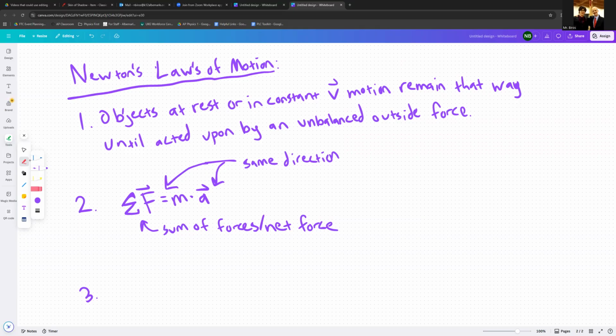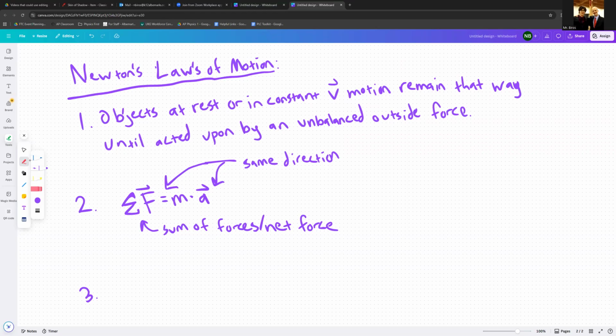If you've got a 10,000 kilogram object, sure, you could use 100 newtons of force, but your acceleration still won't be very big. If you have a really light object, like 1 kilogram, then 100 newtons of force will provide a very significant acceleration, because 100 equals 1 times acceleration. If you use 100 newtons of force on a 1 kilogram object, your acceleration would be 100 meters per second squared, which is quite a lot.